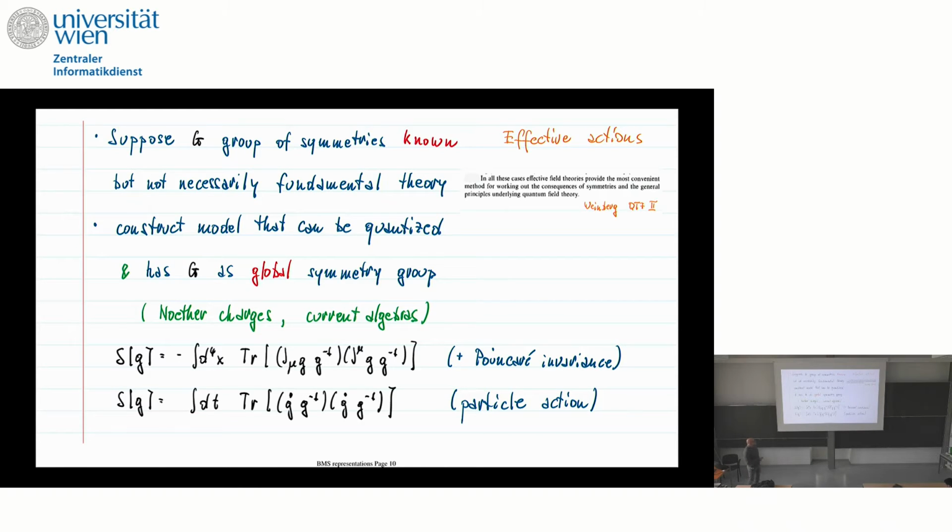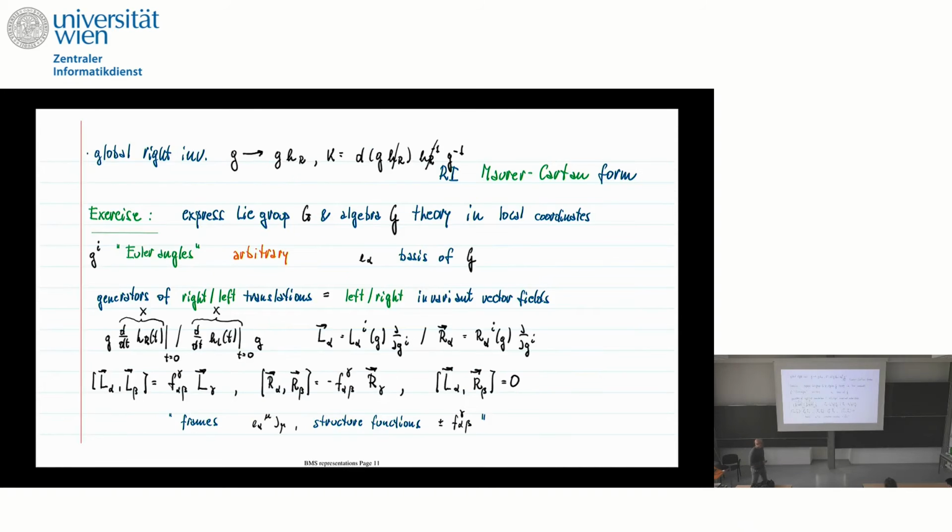This is just because these are the right invariant Maurer-Cartan form. So immediately when staring at the action, you know that it's invariant under the global symmetry. Okay, so this global right invariance is built in because this thing here drops out.